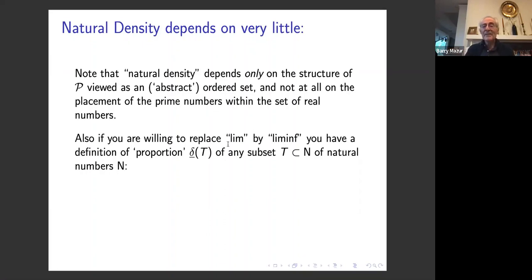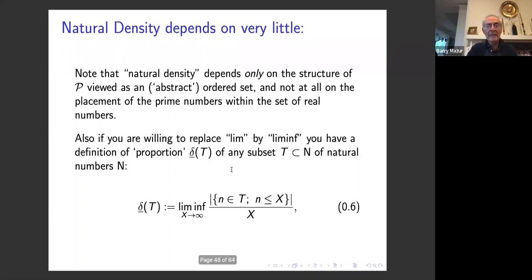Also, if you're willing to replace lim by lim sup, you would even get a definition. I like to use the word proportion rather than density, and I put an underline there, of any subset of natural numbers T using this natural density format.